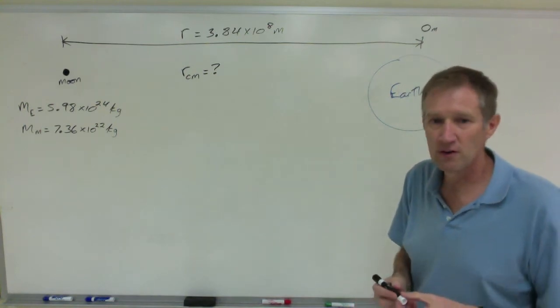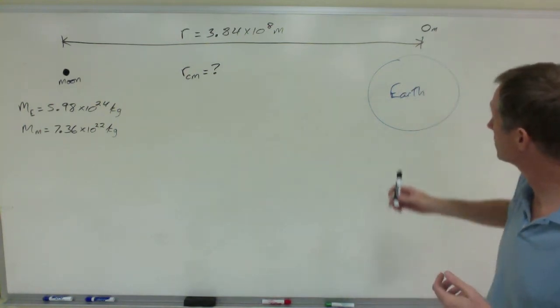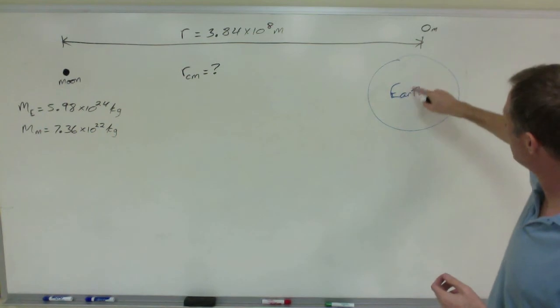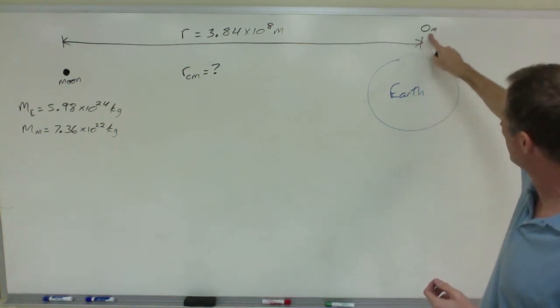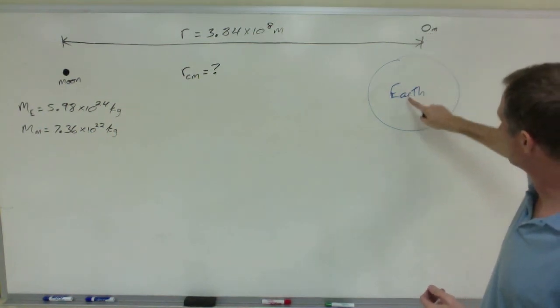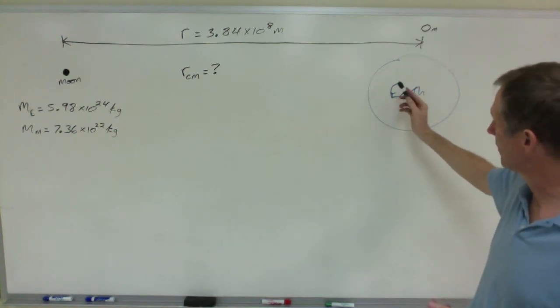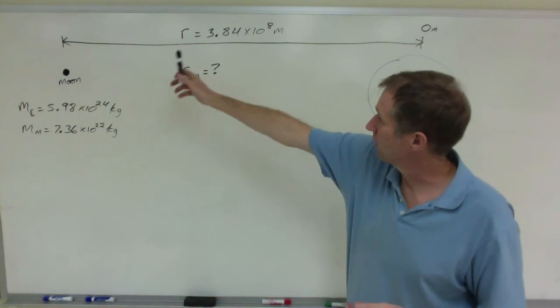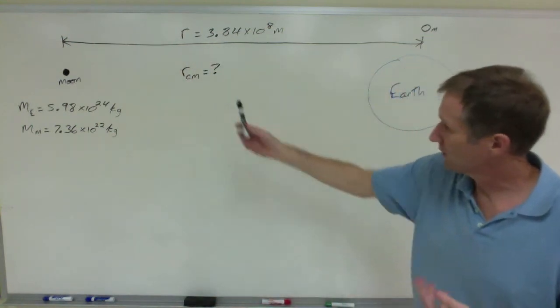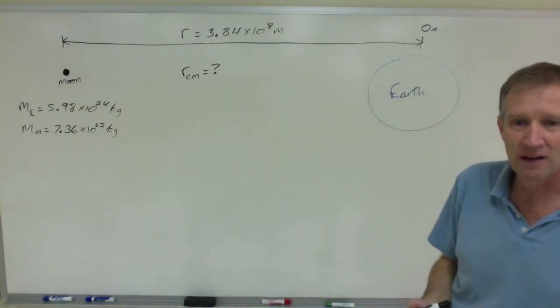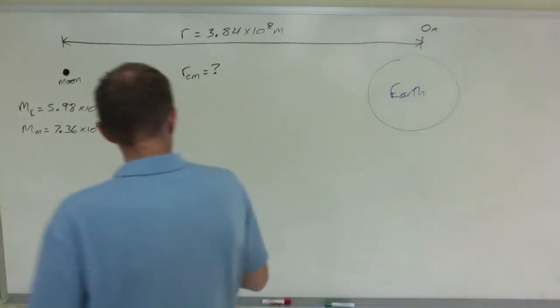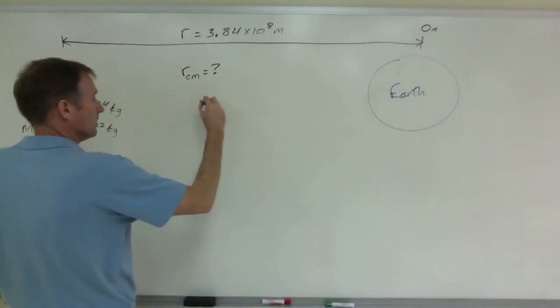It's actually a fairly simple situation. I'm going to measure from the center of the Earth, so I'm going to call that 0. That's my 0 mark, and so I'm going to find the center of mass measured from the center of the Earth. So the Moon is that distance away. So our center of mass equation, which is really like a weighted average, is going to be this.